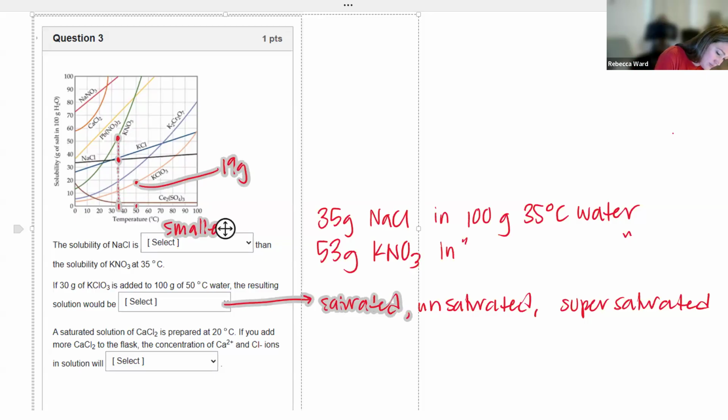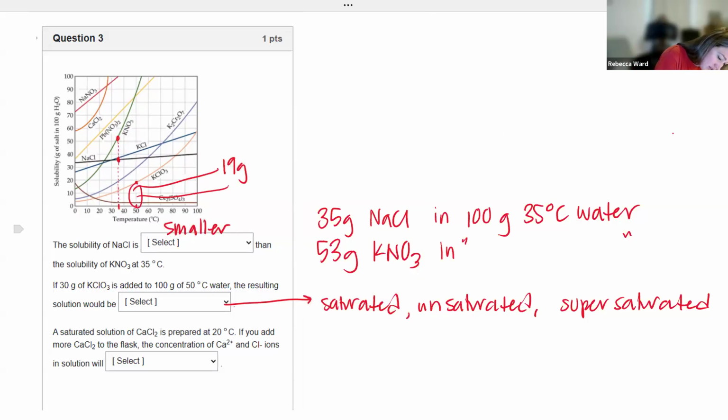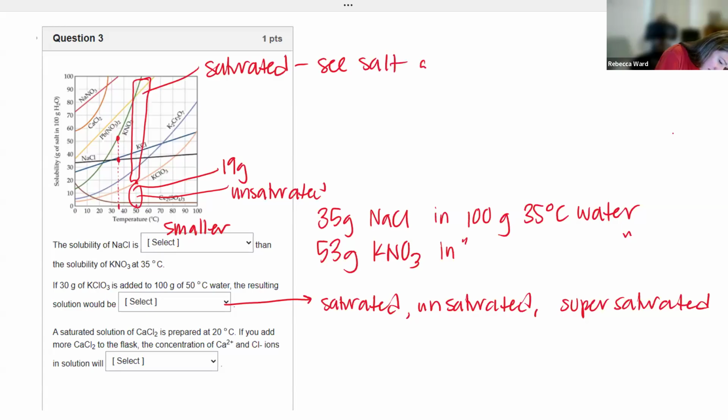So under this line, that is unsaturated. Over this line, that is saturated, and I will see solid salt at the bottom. At that point right there on the line, oh, that's a terrible arrow, at that point right there on the line, it is saturated, but I don't see any solid yet because I haven't put any more in.